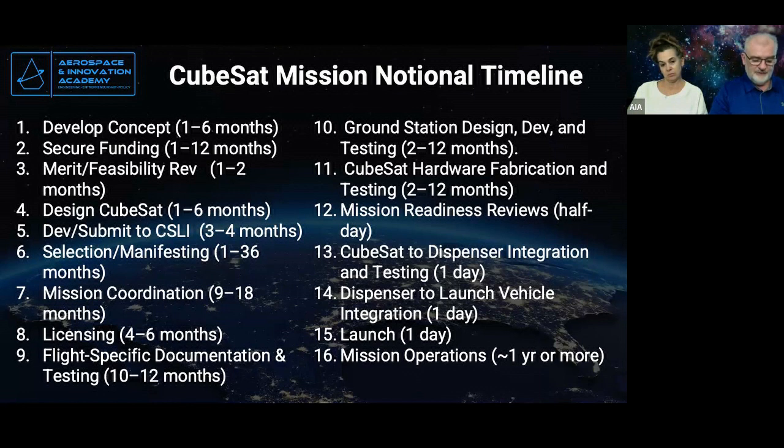You're going to look through the ConOps and all of your paperwork and documentation, and you're going to be certain that you're ready to go for launch. This is your last step, and it shouldn't take more than half a day. It's really to show that you've met all the requirements in the ICD, or the internal control document.